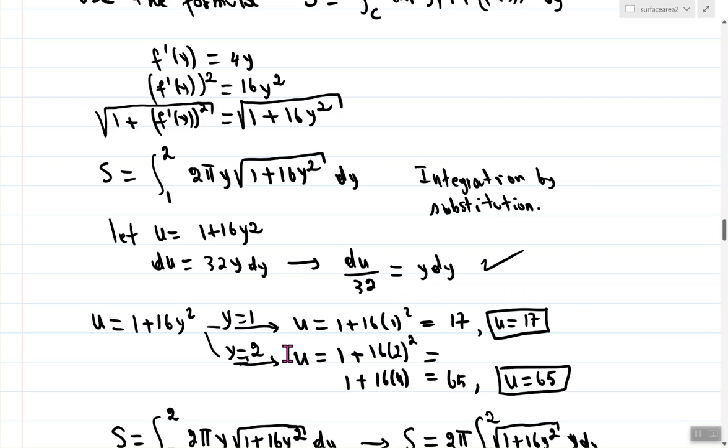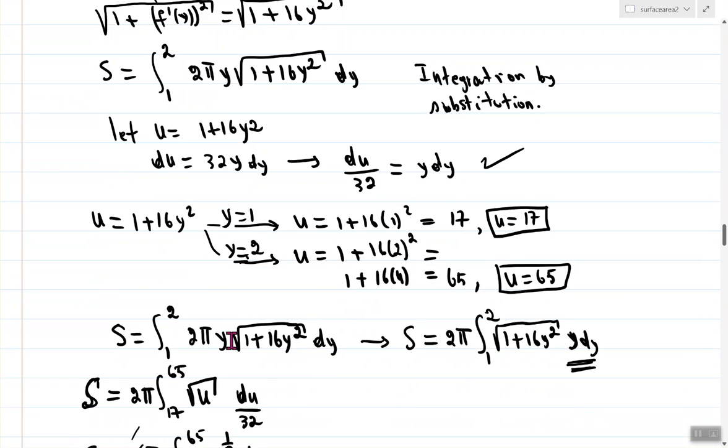Now I want to also change the limits of integration. When y is 1, u is going to be 17. When y is 2, we plug in 2 for y into here, and we get u to be 65.